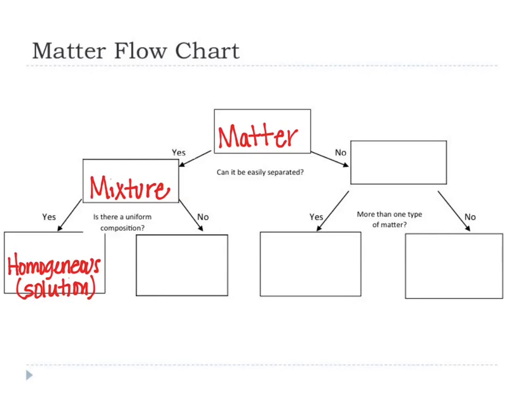All right? So homogeneous, if there's a uniform composition. An example of a homogeneous mixture is salt water. I would probably say the air we breathe is a homogeneous mixture.